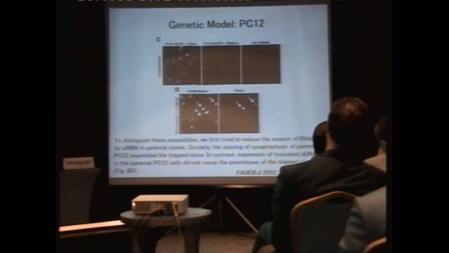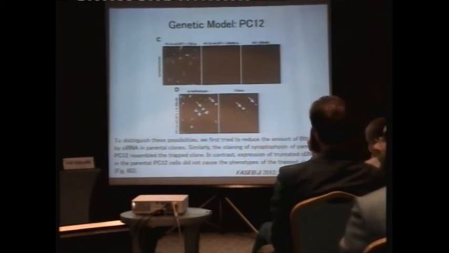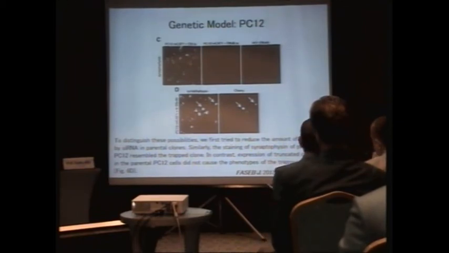And in the next experiment, we used a knockdown assay, treating cells with BTBD9 siRNA. The trapped mutant cell line's similar phenotype appeared. The synaptophysin staining is very weak, as in this mutant line.